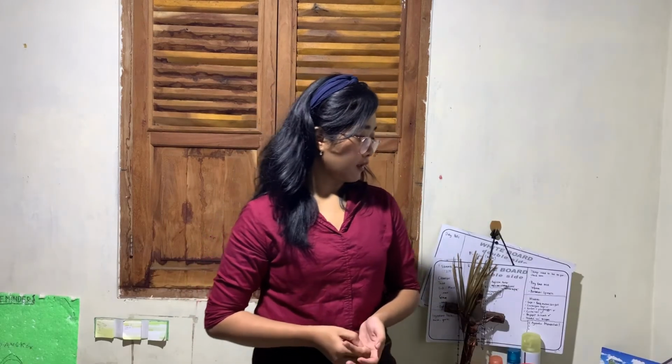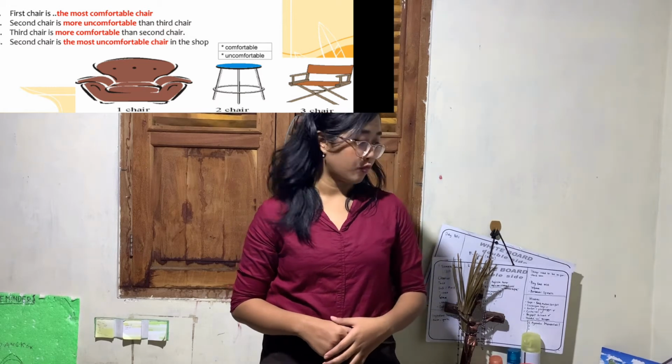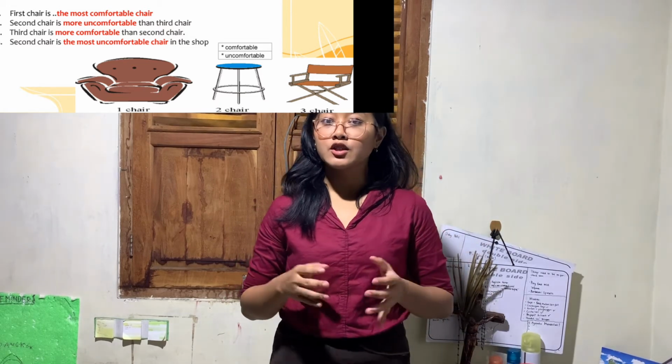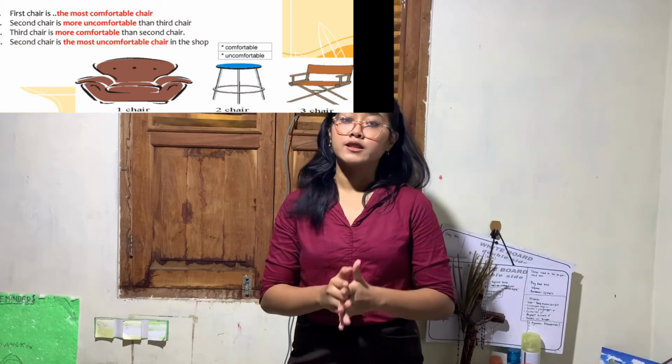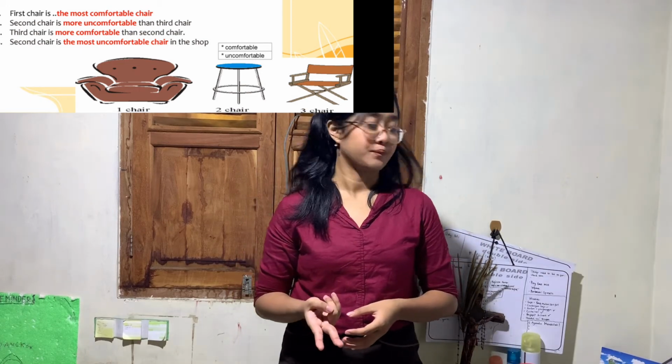Yes. Okay. Let's take a look at the second part. Number 1. First chair is the most comfortable chair. Why? Because first chair is a sofa. Okay, good. Good, everyone. First chair is a sofa. And then let's take a look at number 2.